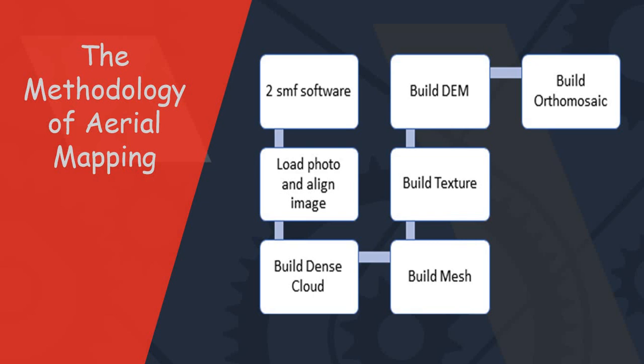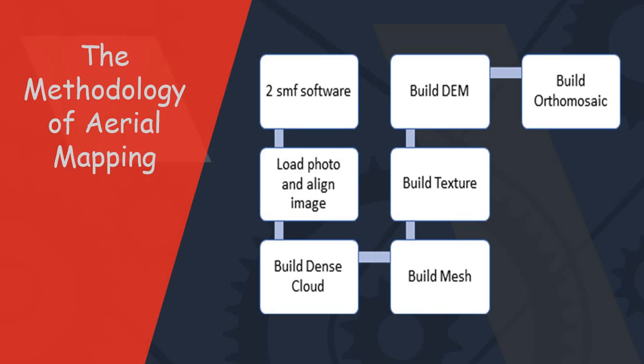The next step for the DTM is to build the texture for the DTM to smooth the surface. We use generic as the mapping mode and mosaic by default as the blending mode. After completing the build texture, we create the DEM by selecting only the ground point class.